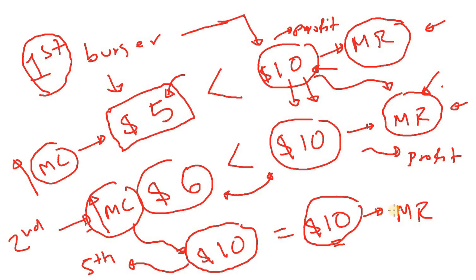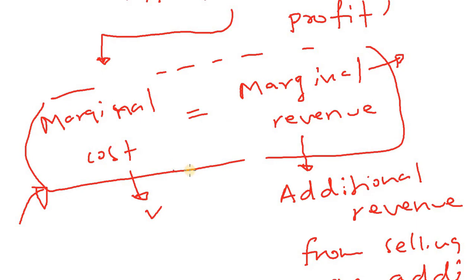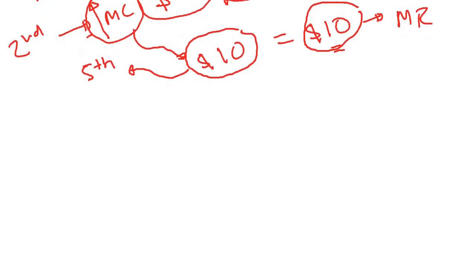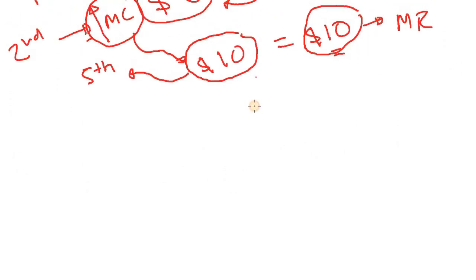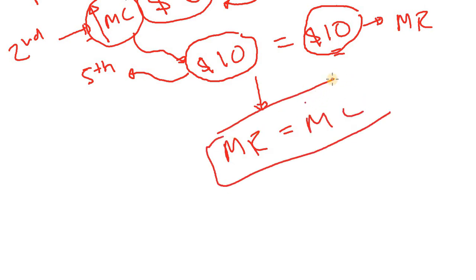Now, remember what we were saying: marginal revenue is equal to marginal cost. This is that point, the condition we highlighted above. When this happens, the business is maximizing profit.